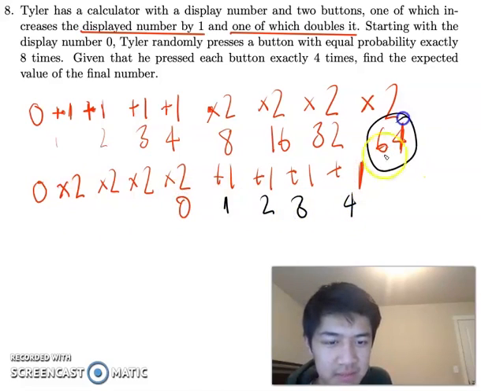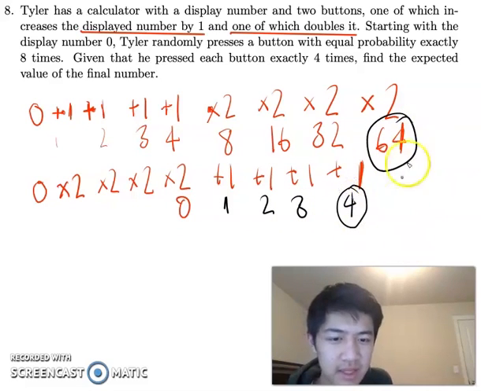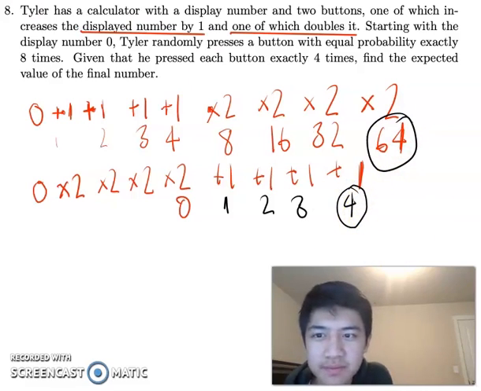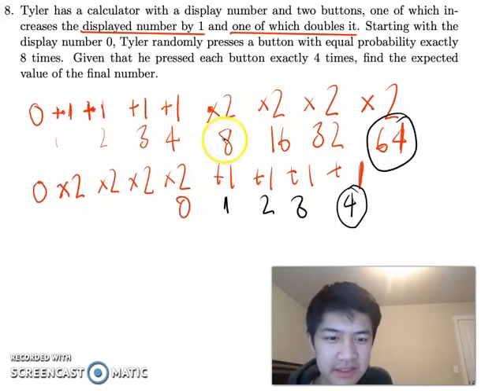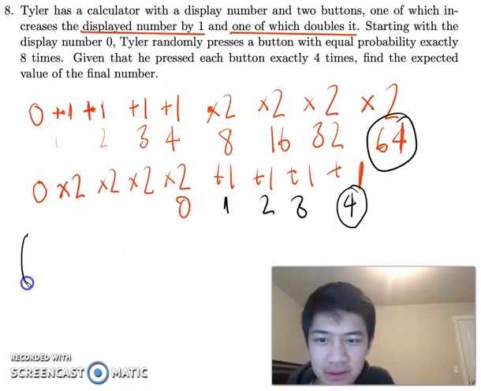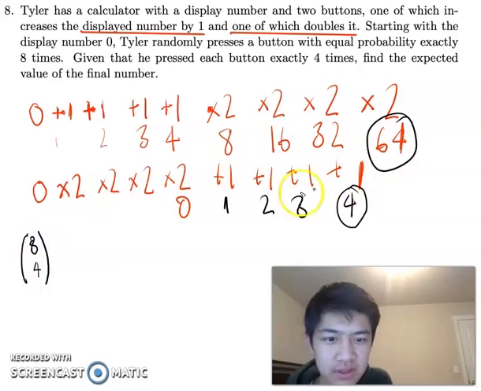So our max is 64 and our minimum is 4. Now the total number of possibilities is 8 choose 4. If we choose out of 8 spots the 4 spots where the plus 1 goes, then the total number of possibilities is 8 choose 4, which is 70.